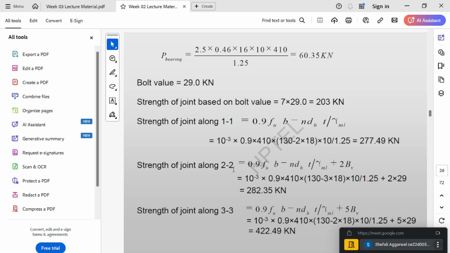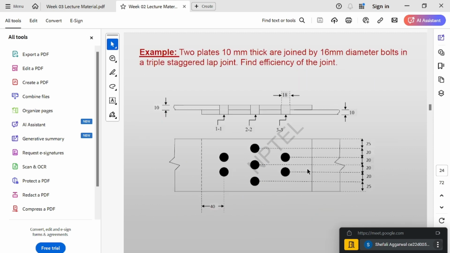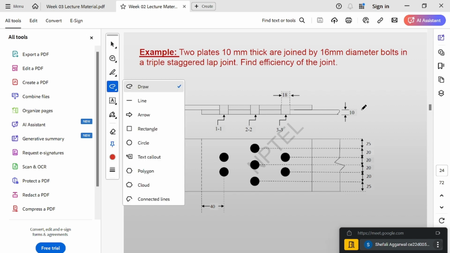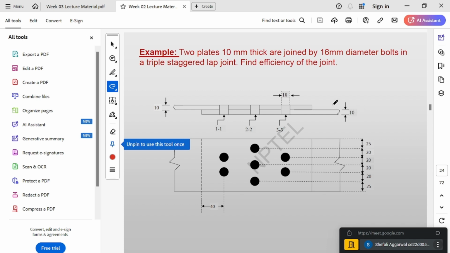In this case, why are we taking both values? If you see this figure, imagine this plate is going in this direction and the plate below is going in this direction.